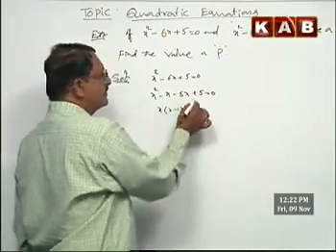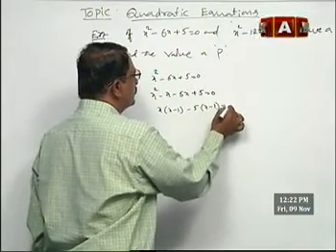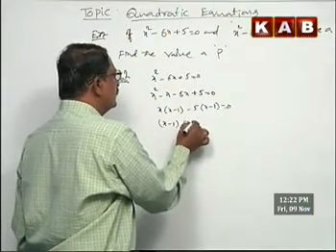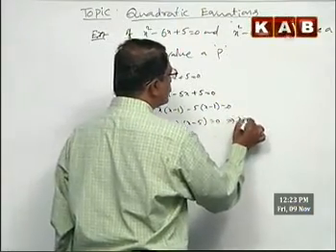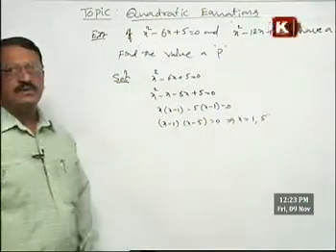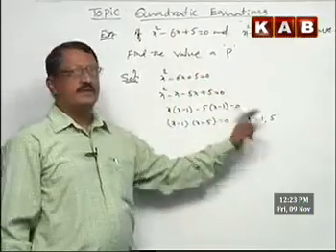In minus 5x plus 5, minus 5 common, x minus 1 equals 0. Now, (x minus 1) into (x minus 5) equals 0. This implies x equals 1 or 5. Now, the roots of the first equation are 1 and 5.